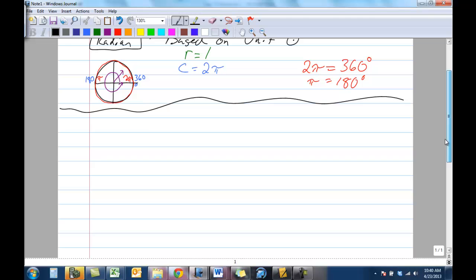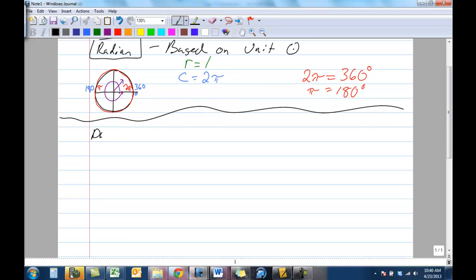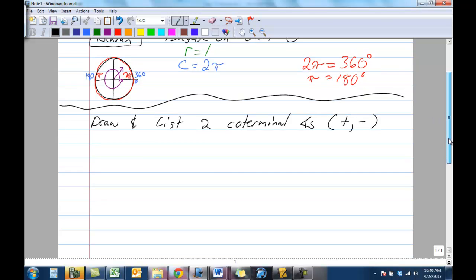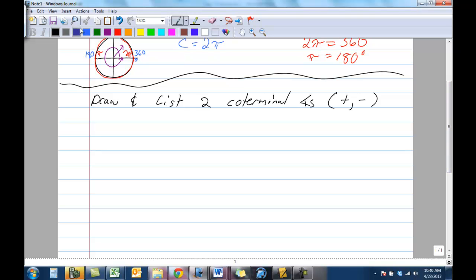Let's graph some. We're going to draw and list 2 coterminal angles. Remember, I want 1 positive and 1 negative. So let's start simple. Let's start with 3/4 pi.